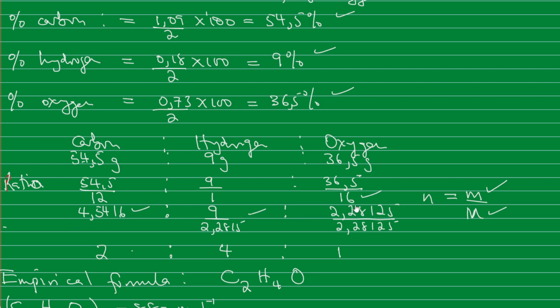Then take the smallest number of that ratio and divide it into the others. It's more like if you are given a ratio, let's say it's 10 is to 6 is to 4, and now they say write it down in its simplest form. So you just divide by 4, by 4, by 4, so that you get 1 is to something something. So take the smallest number and divide by that number. So 1, 4, 2. That will give you the empirical formula.